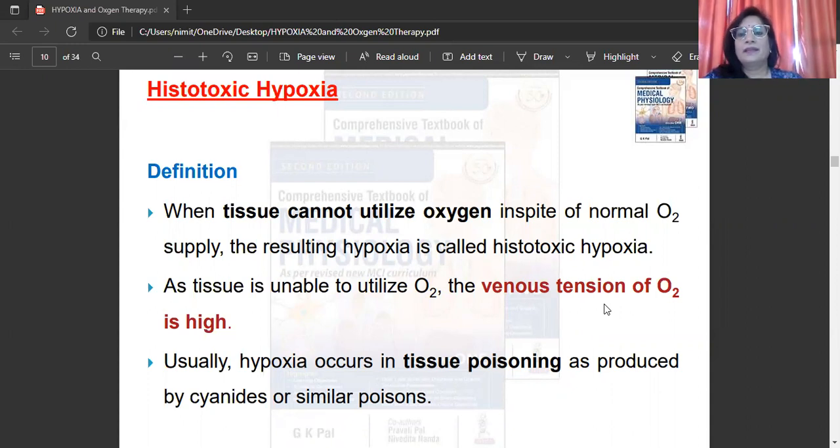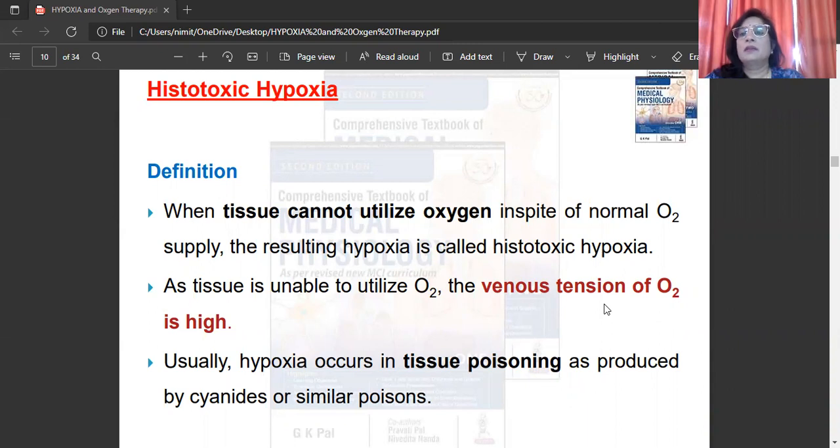Yes, very good morning. Now we'll start with the topic hypoxia, and at the end of the lecture, you will be able to define hypoxia. What is hypoxia? Then types of hypoxia. You will be able to classify the hypoxia at the end of the lecture.